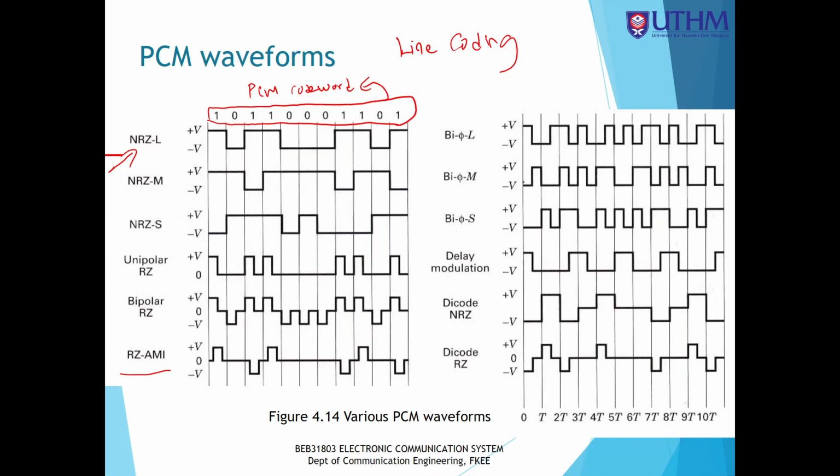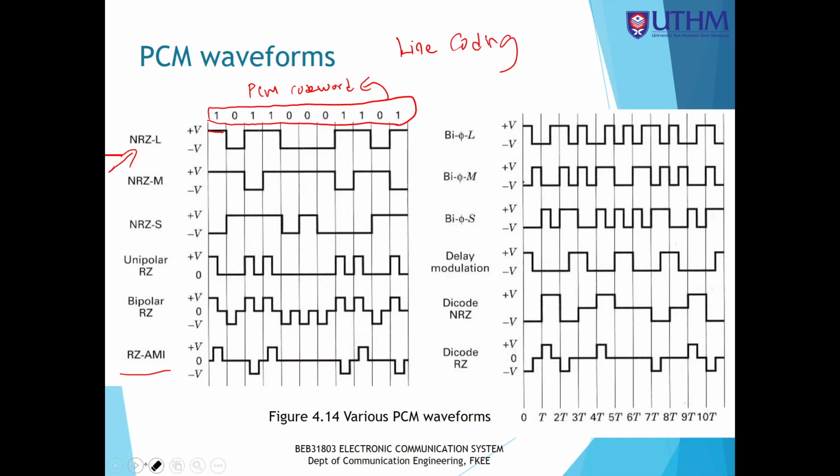Non-return to zero means that the waveform is not returning to 0 volt. Instead, it will alternate into different polarity. So for the first, if we have input 1, and then input 0, it will change to negative voltage.